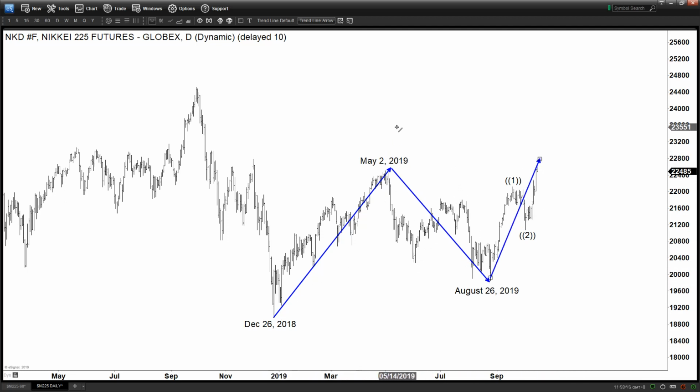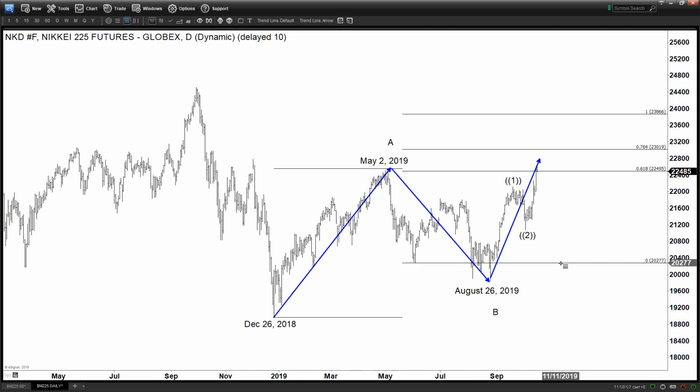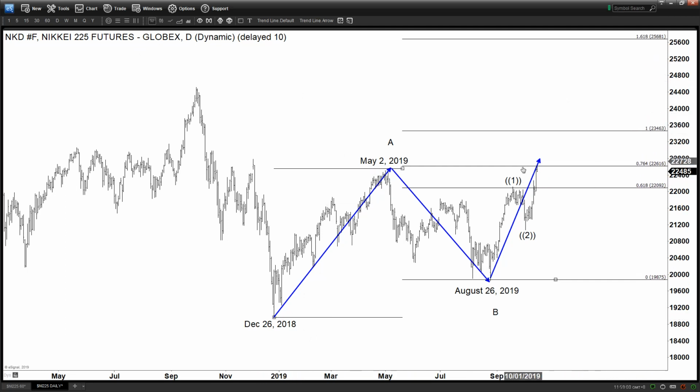So assuming this is just a simple ABC, a zigzag so to speak, then you should be at least getting C equal to A again. That means we can see at least an extension higher to this 23,461, in which this leg is equal to this leg. And if this is some sort of 1, 2, 3, 4, 5, then this can potentially go a lot higher.